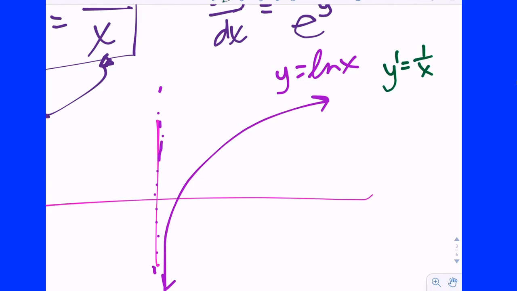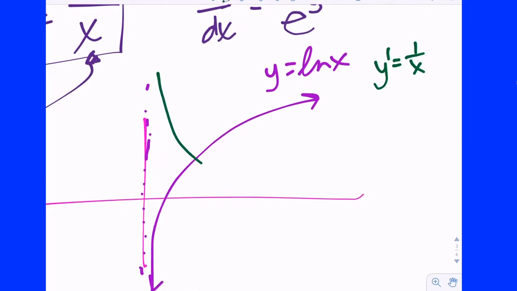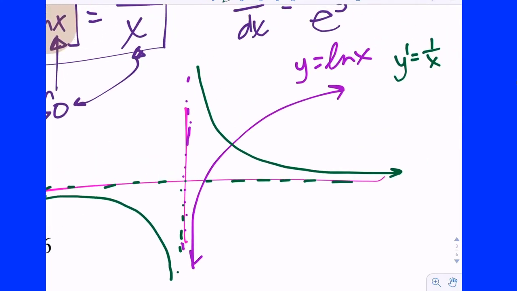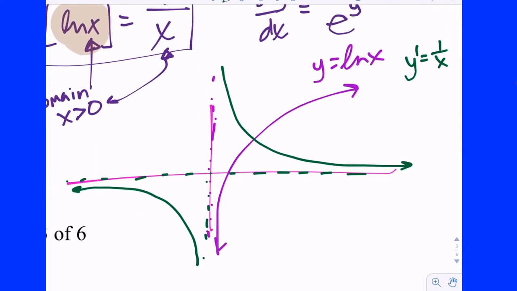That's your parent function. It looks like this. And there's a horizontal asymptote. But there's also another branch of 1 over x down here. The only thing is, if I'm starting with the natural log of x, I don't even use that second branch of 1 over x. I'm just looking at the green graph here.